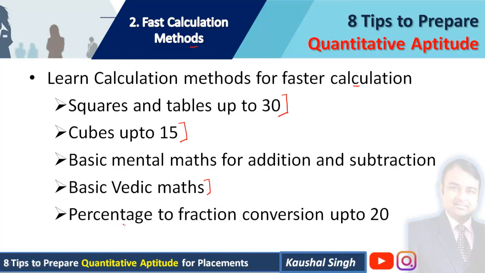And one more thing, like percentage to fraction conversion and vice versa up to 20, that you should know. That means if someone asks you, or if it is given in the question, what is equivalent to 1 by 12 in percentage, then you should be able to tell it immediately, right? So these are the things required for your faster calculations.